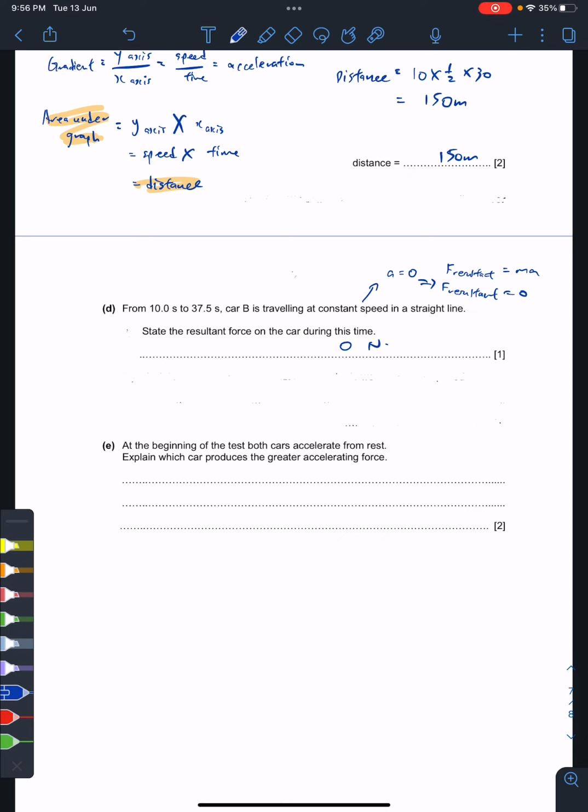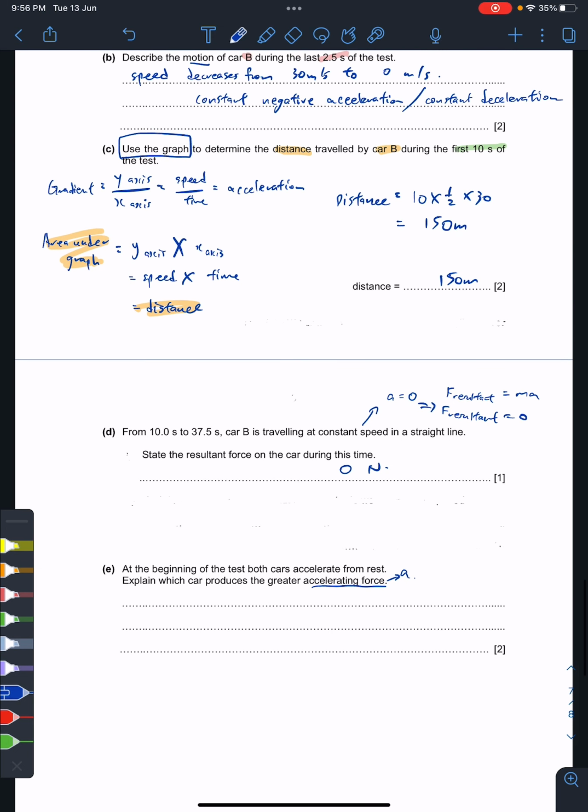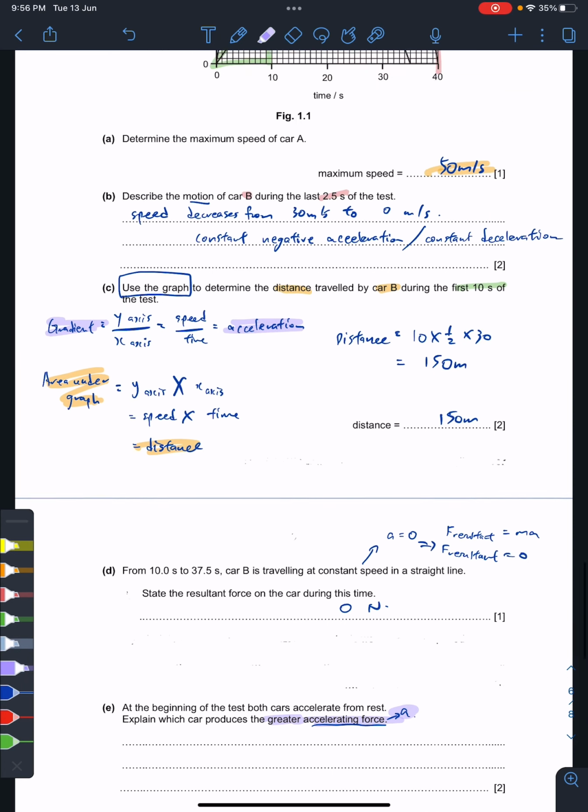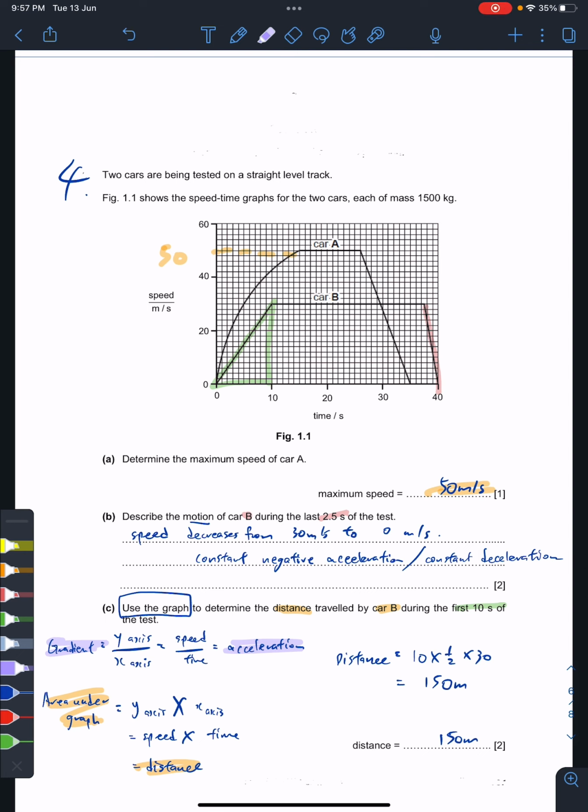And the very last one. Accelerating force. Isn't it to do with acceleration? So which one has greater acceleration? Greater acceleration, doesn't it just mean gradient? So you see for yourself. Which one has a steeper gradient?